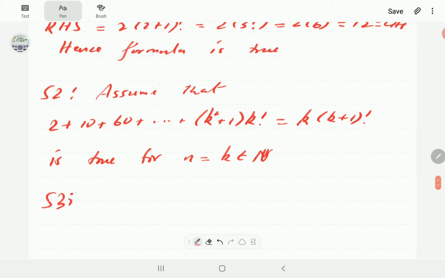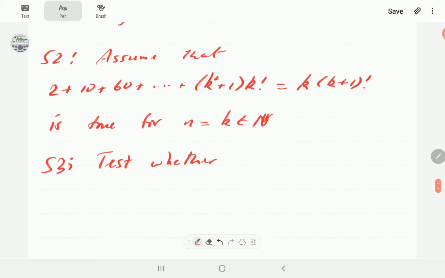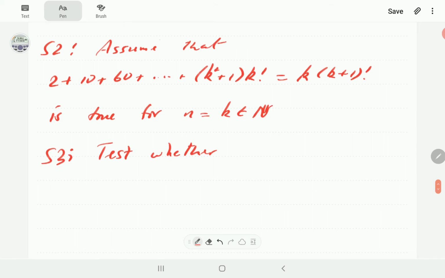Then step 3, we want to test whether this formula with one more term will still be good. So 10, 60, this is exactly the same as the term we have here.